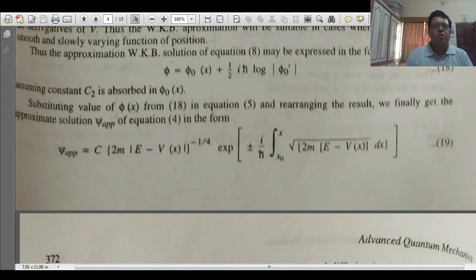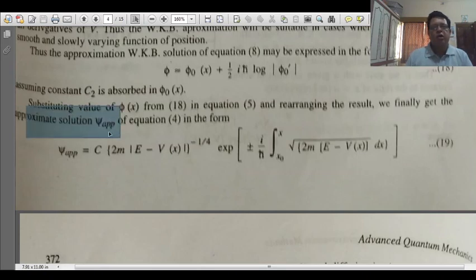Now just substitute the function phi x from equation 18 in equation 5, where psi equals C e raised to iota phi x upon h cut.